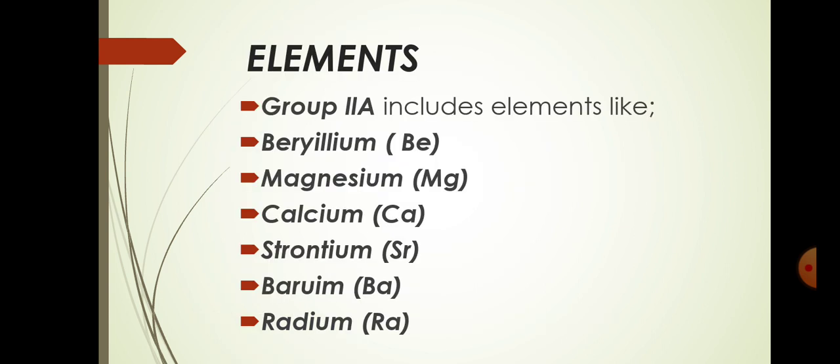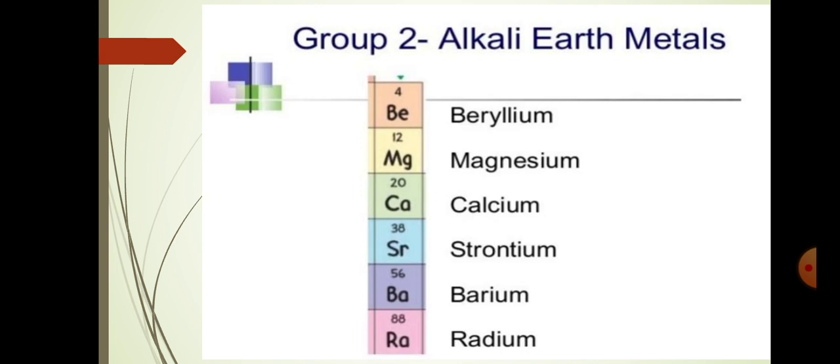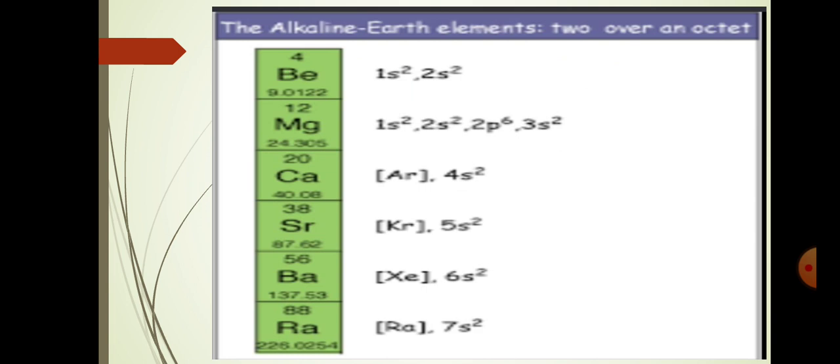It includes beryllium, magnesium, calcium, strontium, barium and radium. These are group 2, called the alkaline earth metals.